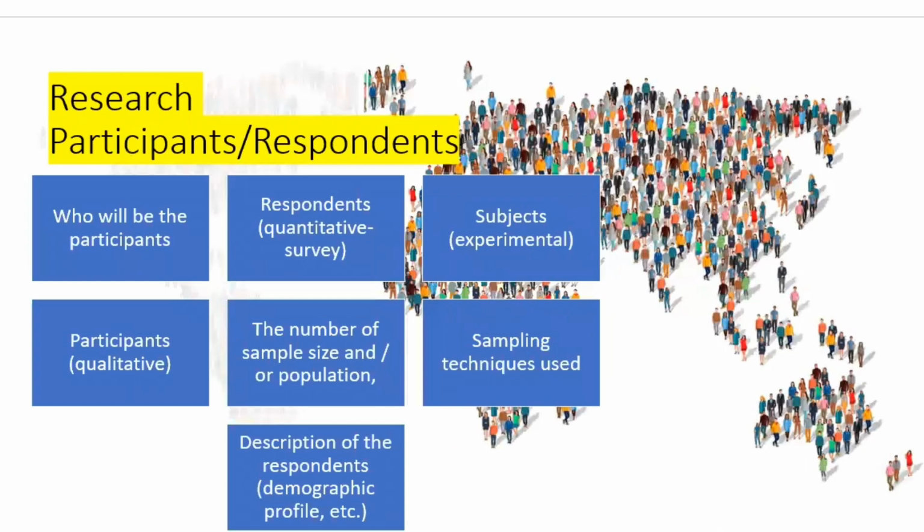Next, research participants or respondents. So kasali pa rin sa elements ng research methodology ang research participants or respondents. Bibigyan ng researcher sa section ng research methodology ng narrative statement who were the participants or the respondents.